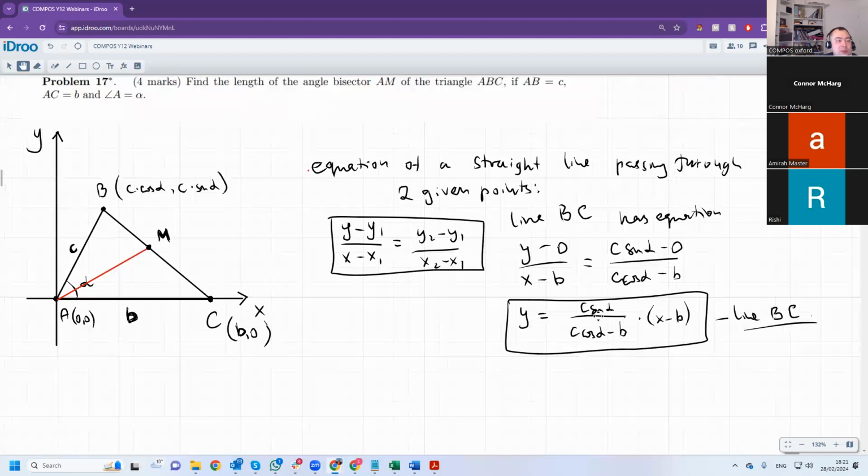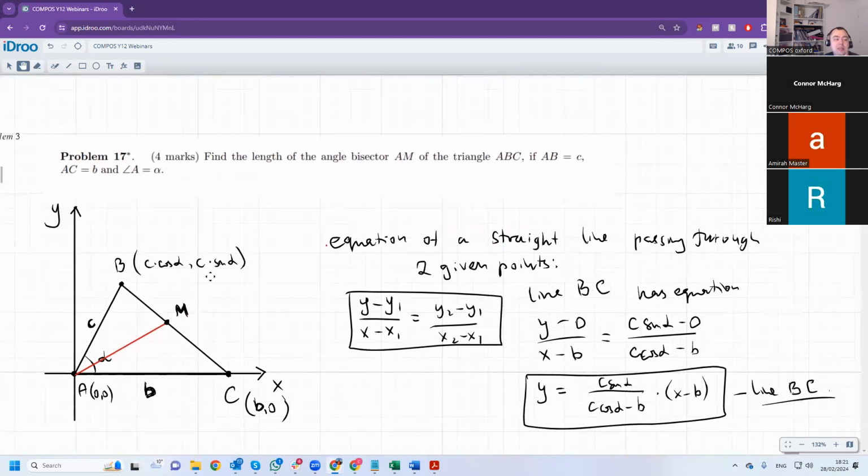When we say bisector of a triangle, we mean a line connecting a vertex and the opposite side. So when you have a triangle, it goes like this. It's the same angle, alpha, alpha.